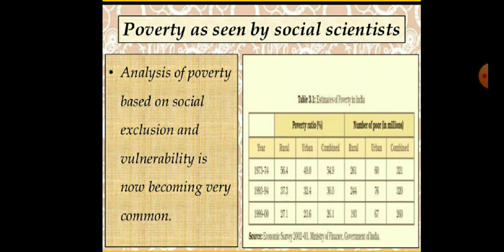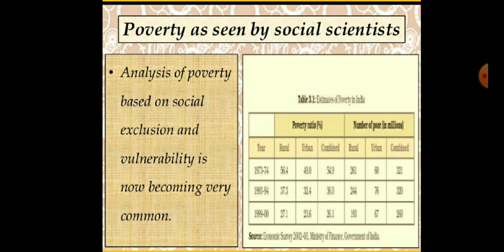The first one is social exclusion and the second one is vulnerability. So let's see in detail. You can see on the right side of the screen the poverty ratio and number of poor in million. So you can have a clear idea with the help of this.